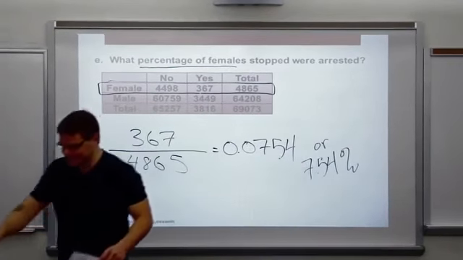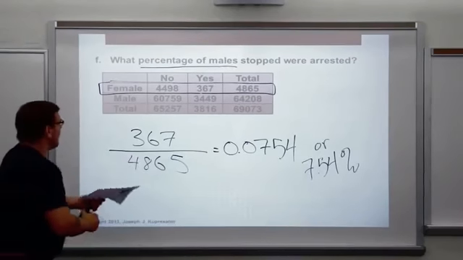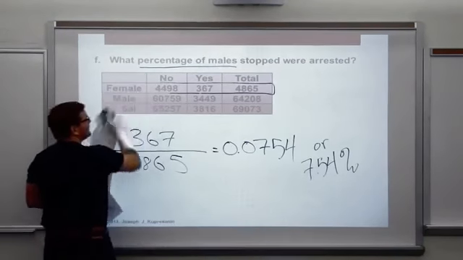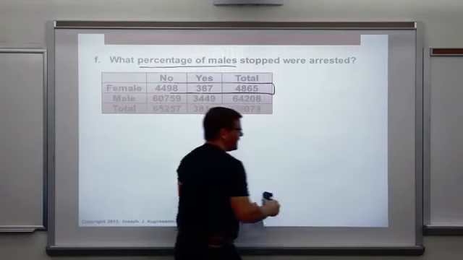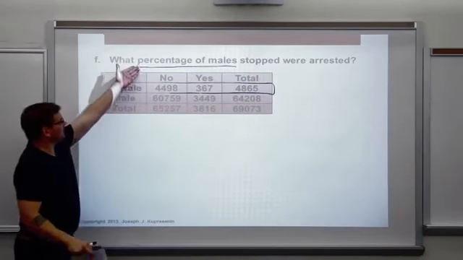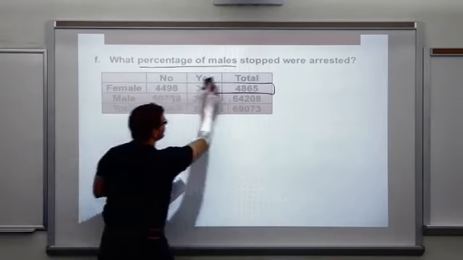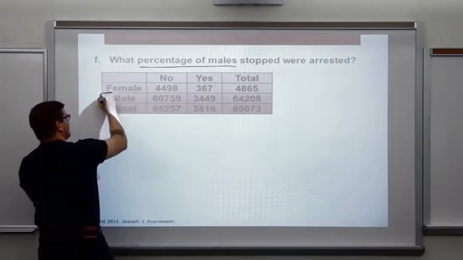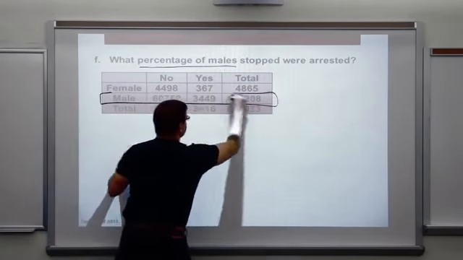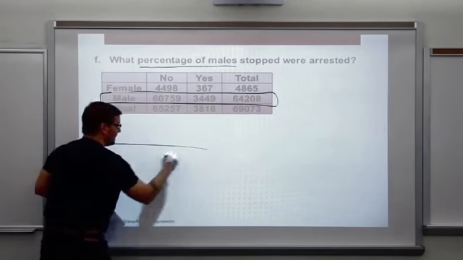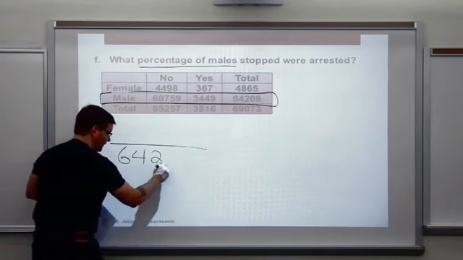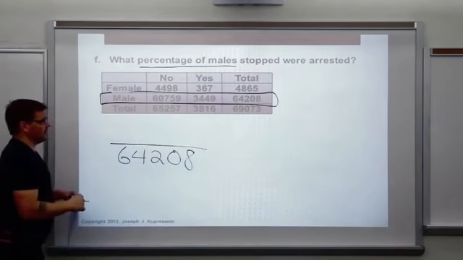All right, part F. What percentage of males stopped were actually arrested? We're getting the idea. We've got to read these super carefully. I'm looking just at the males, only the second row in the table. How many males did I have? Bottom of the fraction, 64,208.